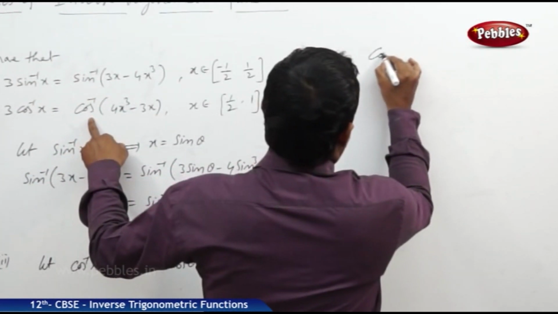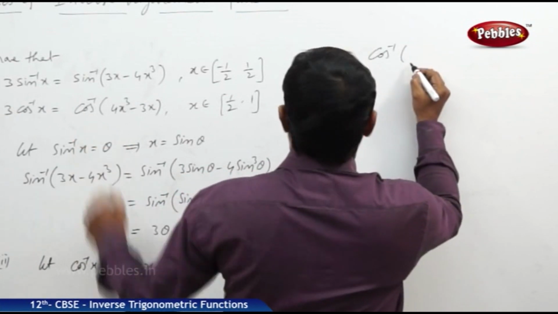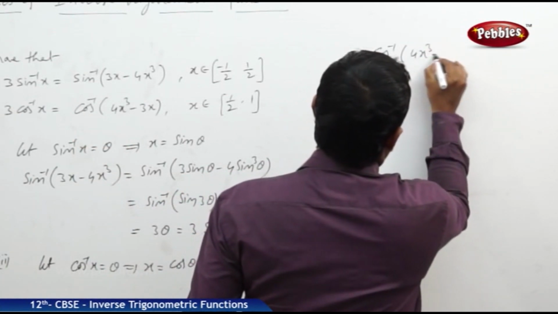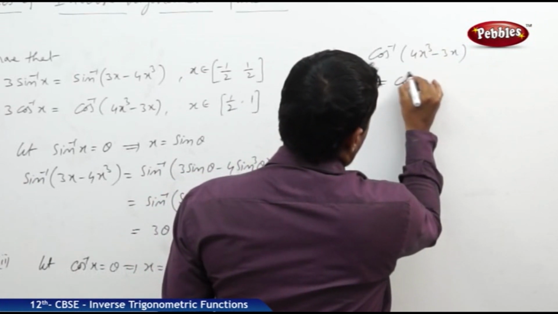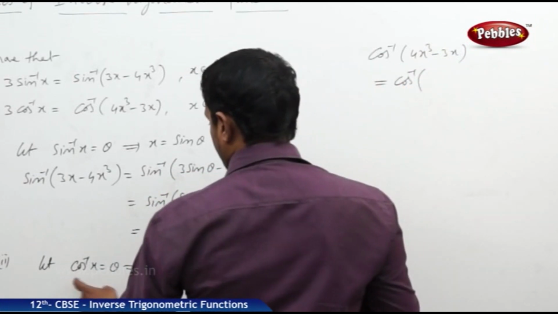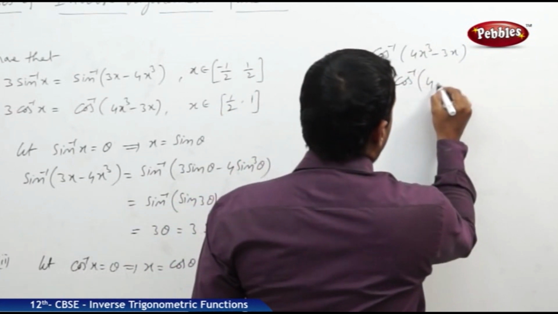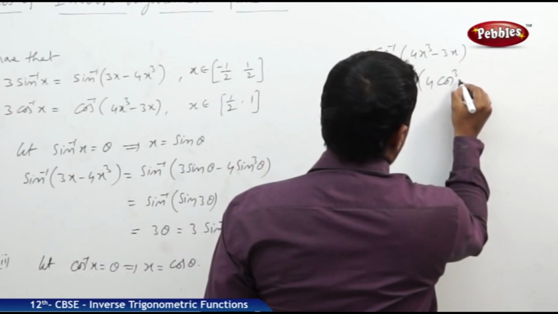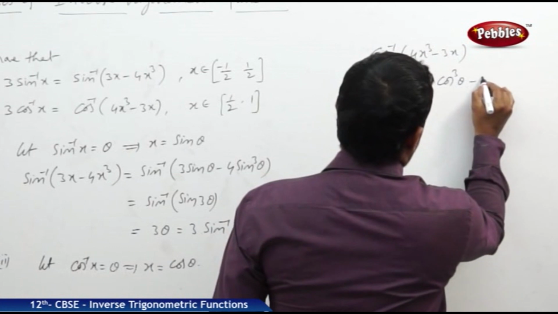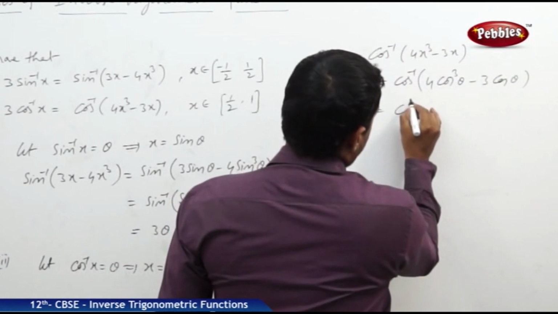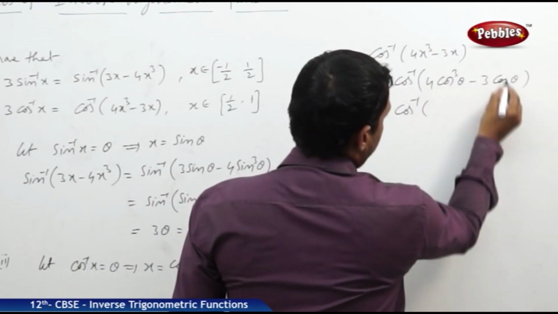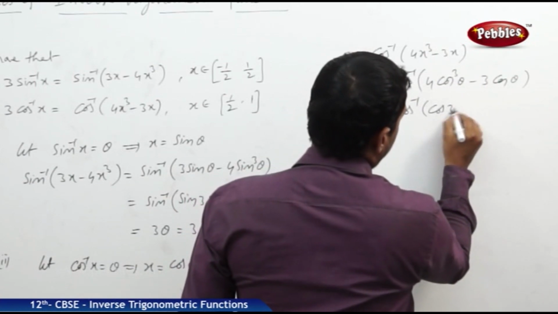Now, consider cos inverse of 4x cube minus 3x. Substituting x equal to cos theta, it changes to cos inverse of 4 cos cube theta minus 3 cos theta. You know, this is the formula of cos 3 theta.